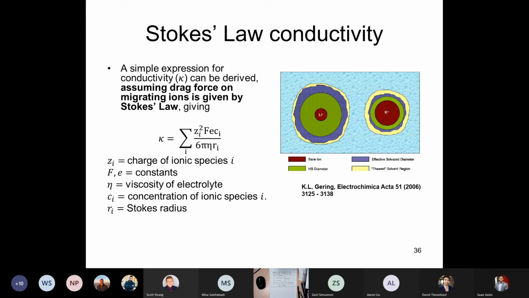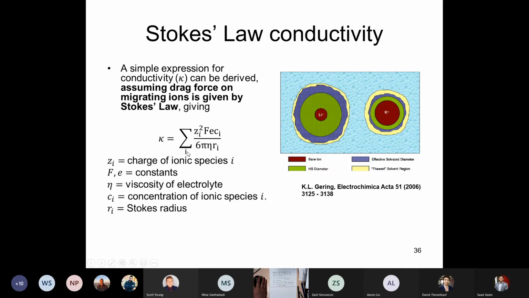Okay, so now I want to talk about expressions for electrolyte conductivity. A pretty simple expression for conductivity can be derived assuming the drag force on the migrating ions is given by Stokes' law, which gives you that the conductivity is equal to this simple sum over all the ionic species in the electrolyte.